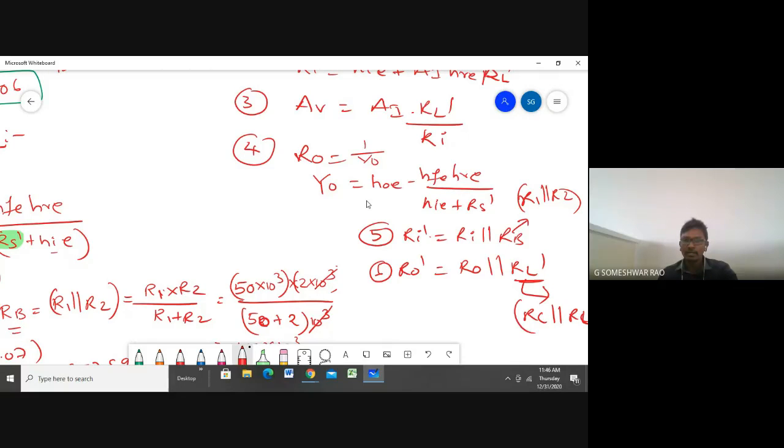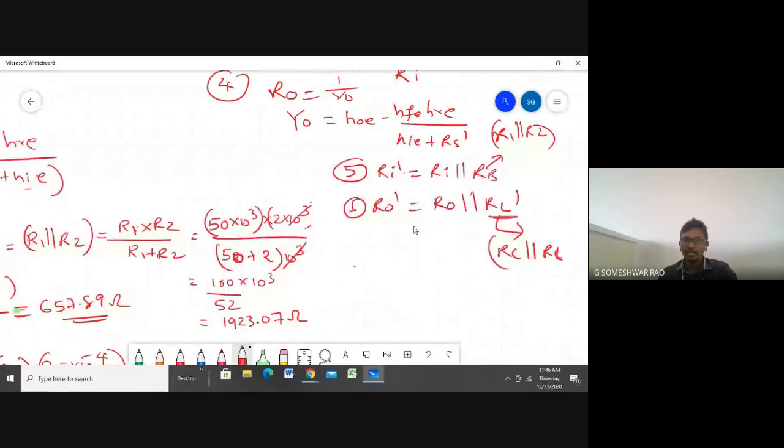So are you people following, sir? Yes or no? Seventh formula, AVS. AVS is equal to AV into, just now we got this formula, what is that formula?